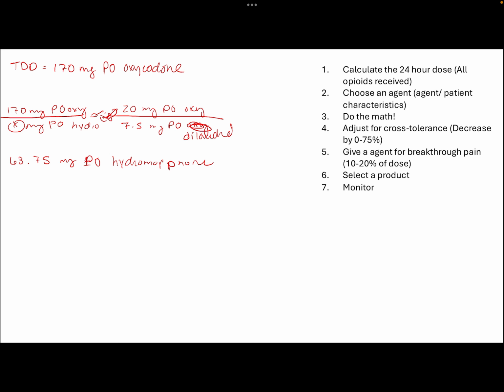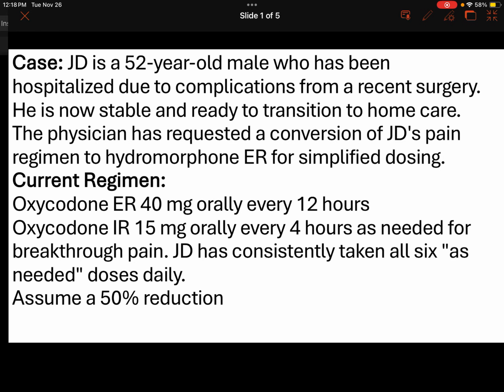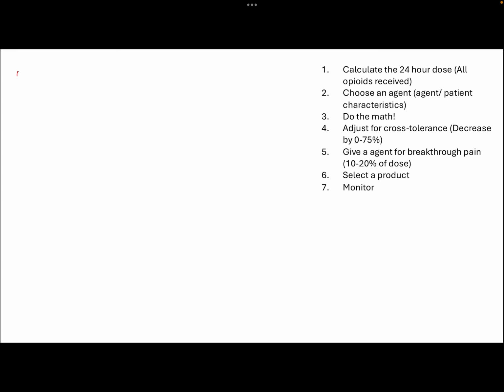Okay, so now let's assume that we're going to actually do a decrease of 25% for cross tolerance. So we're going to take this 63.75 and we're going to multiply it by 100% minus, and this time instead of picking 50, we're going to pick 25. So this actually represents 75% of this dose.